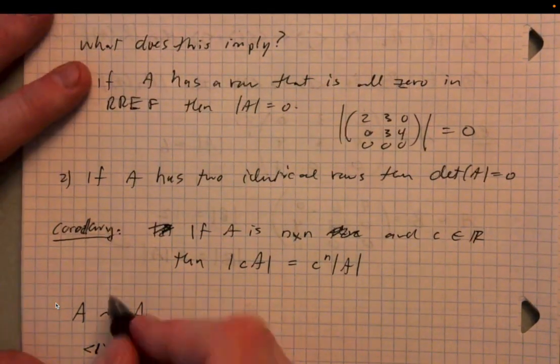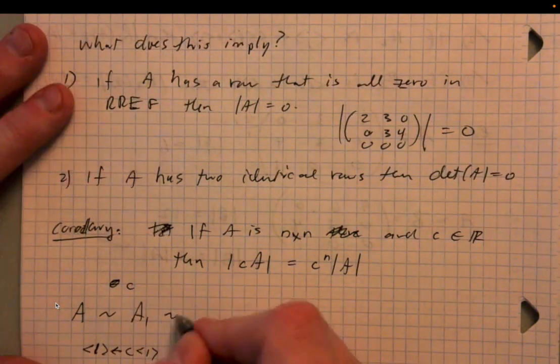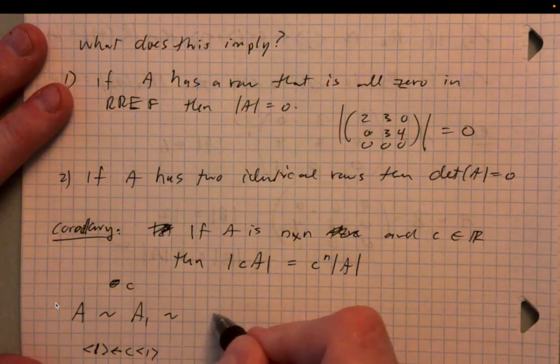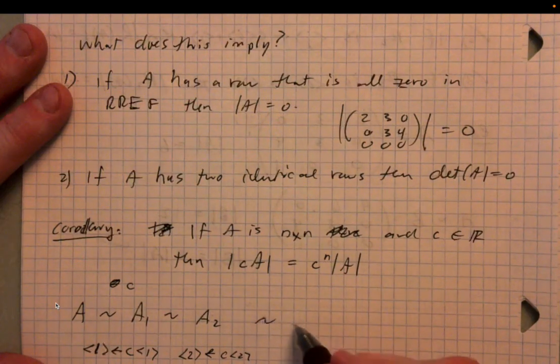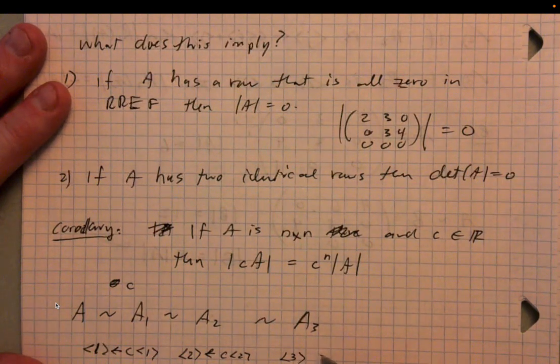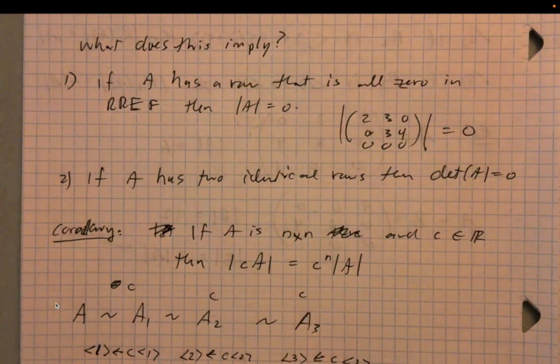Right, and then that means the determinant gets multiplied by C. I can do it again to row 2, so row 2 is replaced by C times row 2. And then I can do it again to row 3. Let's say it's a 3 by 3 matrix. Each time I'm impacting the determinant by a factor of C.